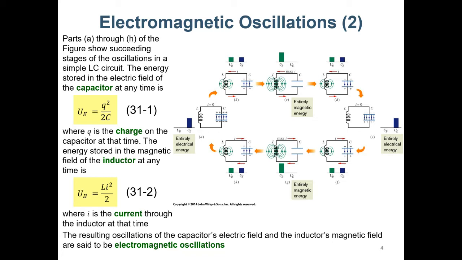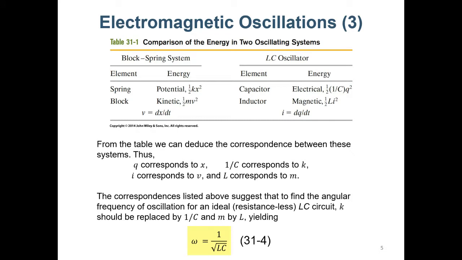The top one is also equal to 1/2 CV squared, but the bottom case is proportional to the square of the current. And actually, the energy should be conserved. In the textbook, it also compared with the block-spring system. For the spring-mass system, the spring has a potential energy 1/2 kx squared.